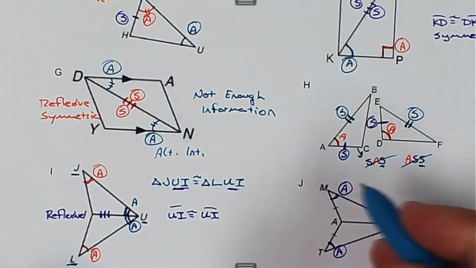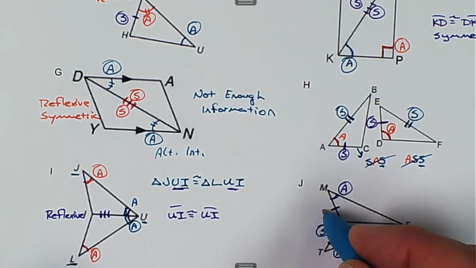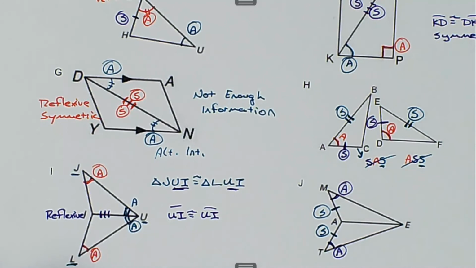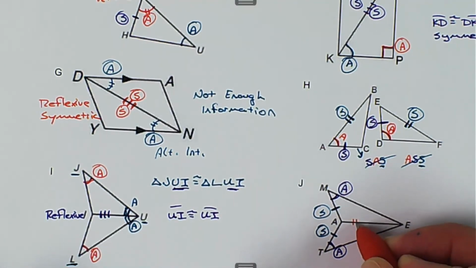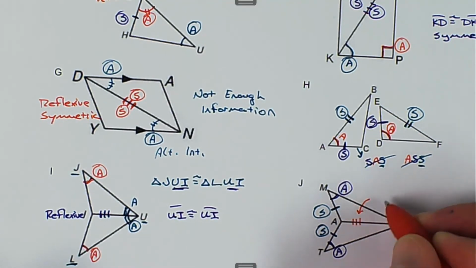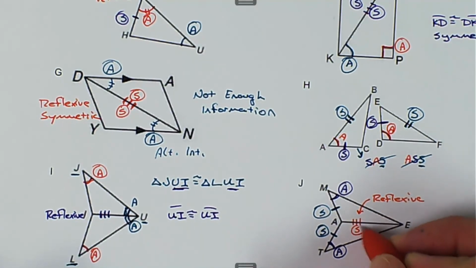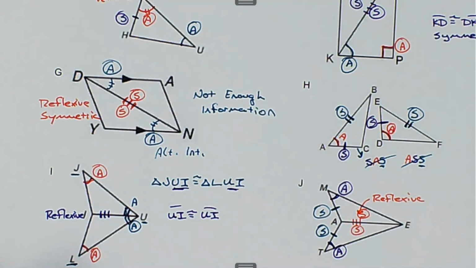We are given these corresponding sides. And we're not given, but we should know that this is congruent by reflexive. And that is a side and a side for both triangles.